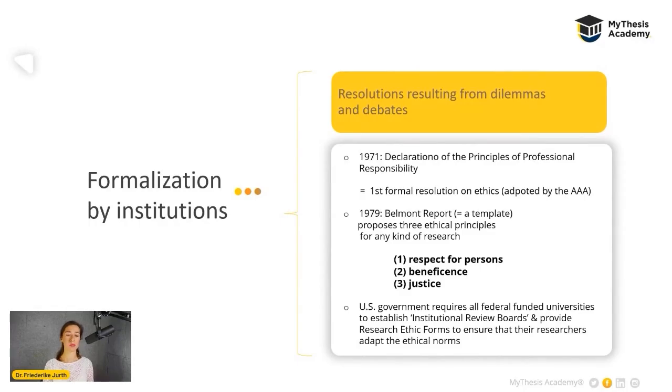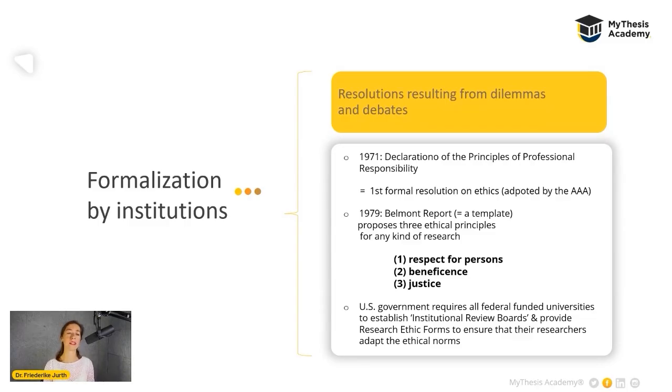Well, to get a little bit into the direction of how to formalize all this question of research ethics, I would like to present you some milestones from the history and give you a little overview.